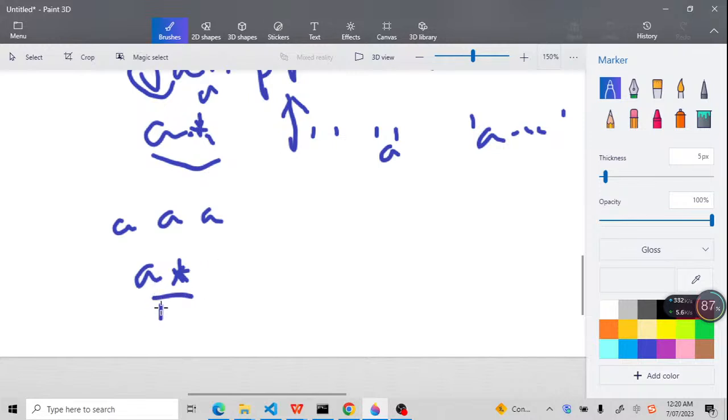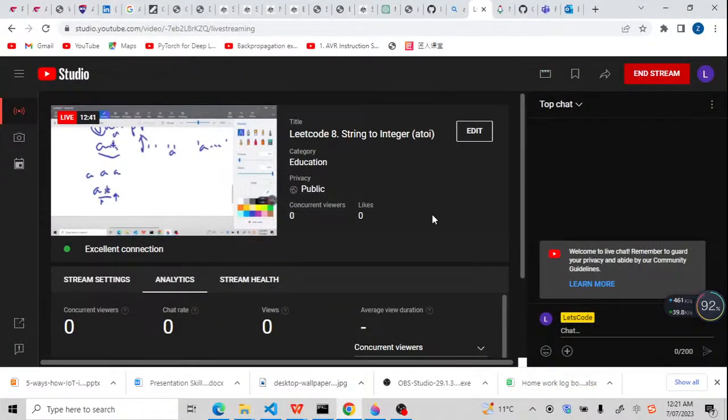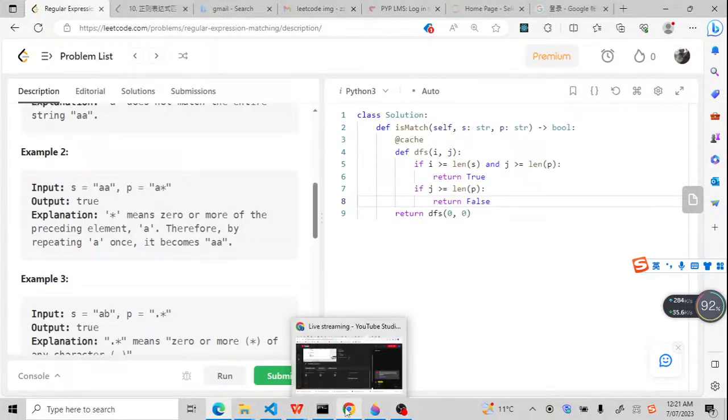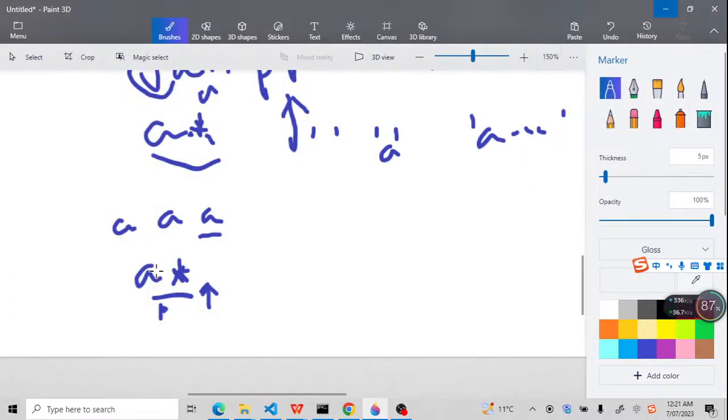So this pattern P, if J goes out of the loop, as we already know, we cannot use the star anymore, which needs to return false.